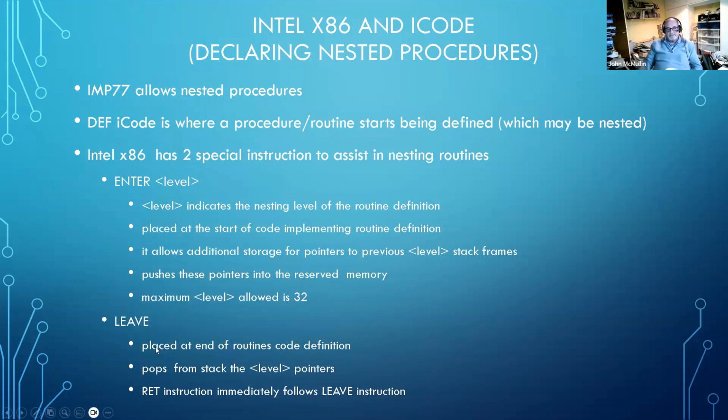With leave, it's placed at the end of the routine definition, and it pops from the stack however many levels of the pointers for the stack frames, and then you immediately follow it by a return. So this is critical. Imp uses these enter and leave for every routine.